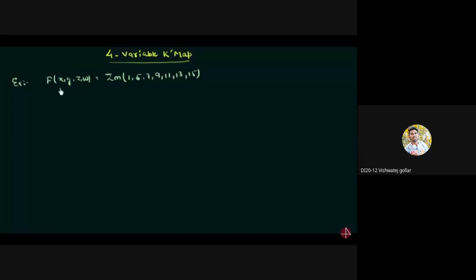As there are 4 variables involved, 2 to the power 4 is 16, so we need a 16 cell K-map. Let's make it. It takes a bit of time to make a 16 cell K-map.